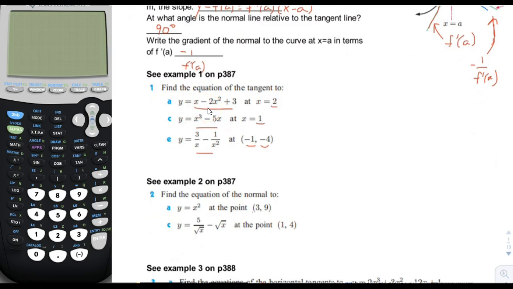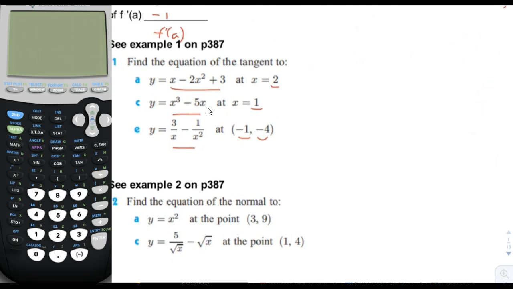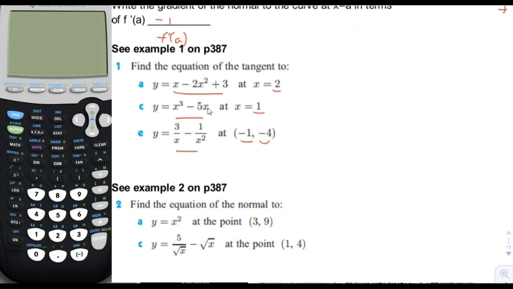So we have a quadratic here, x minus 2x squared plus 3. Remember that we're going to use the equation y minus y1, which is a known y-coordinate, equals the slope times x minus x1.